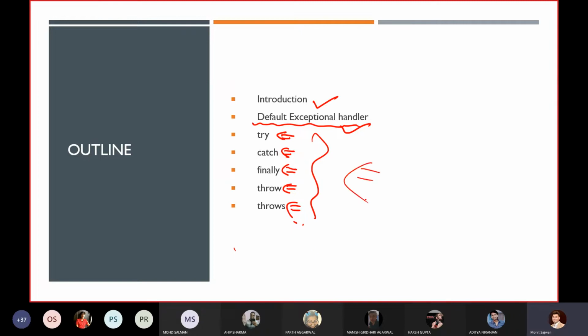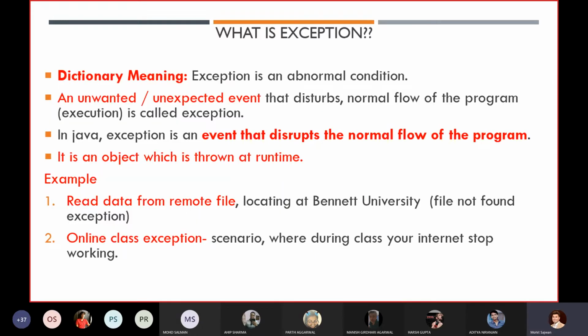In today's lecture, we will start with exceptions. So what is an exception? If you go through the dictionary meaning of exception, it means an abnormal condition. It means everything is working fine, and somehow you get some sort of exception.